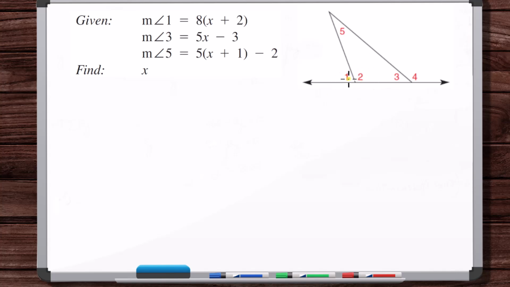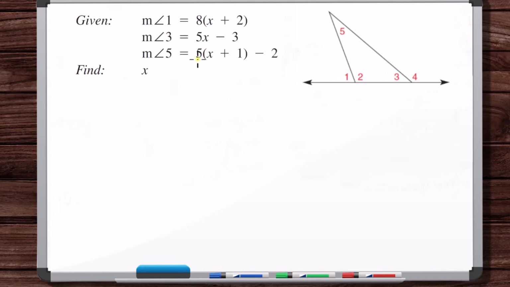So, okay, we know that any exterior angle of a triangle is going to be equal to the sum of the non-adjacent interior angles. And this is definitely angle 1 is an exterior angle for sure.